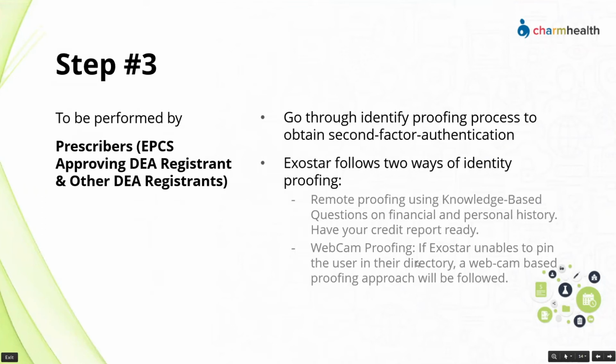If you do fail or don't have the answers to these, you can set up a webcam proofing meeting with ExoStar. They have these every day, and you can usually get on one within the next day or 2.